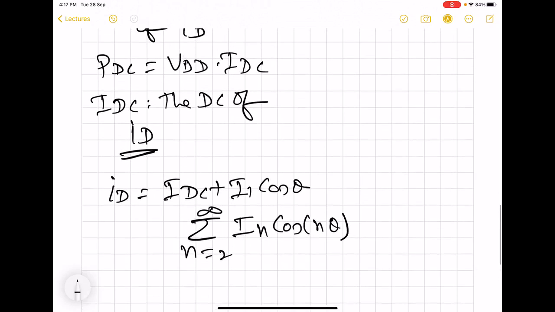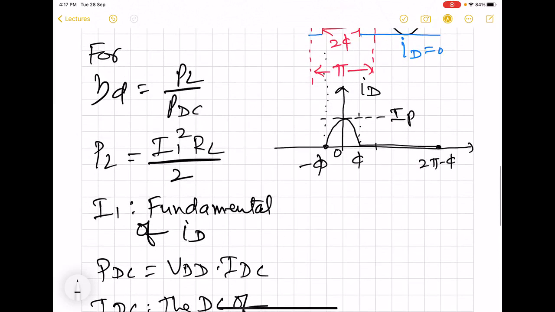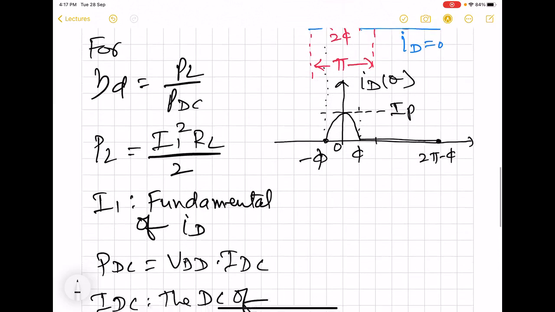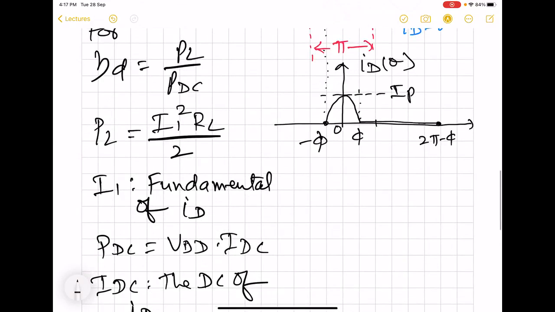So we have to first write the mathematical expression for this drain current, which, for simplification purposes, will be assumed to be part of a cosine. So we will make another assumption that this is of cosine nature.